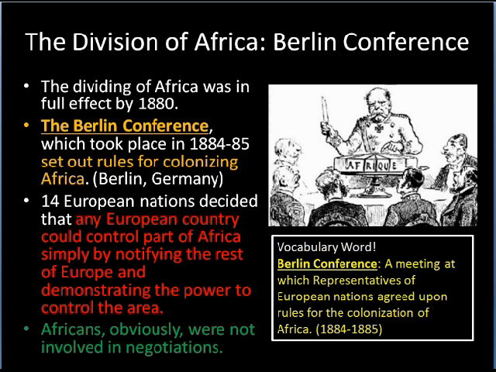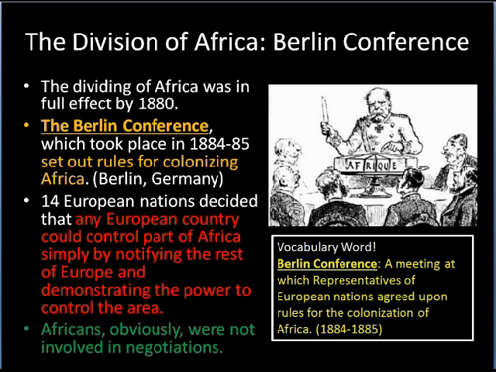By 1914, really only Liberia and Ethiopia remained free from European control. They were the only ones who had not either been conquered or selected by Europe in this cutting up or scramble for Africa. Also note here, by the way, Berlin Conference is one of your vocabulary words. It is a meeting at which representatives of European nations agreed upon the rules of colonization of Africa, 1884, 1885.